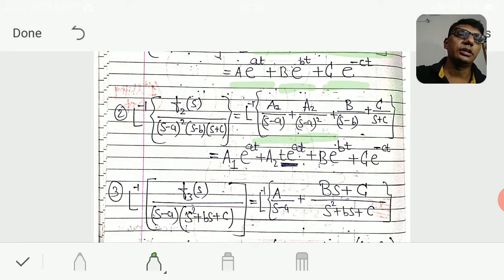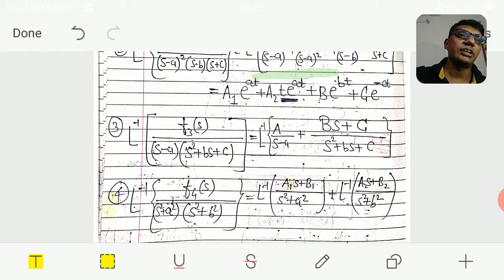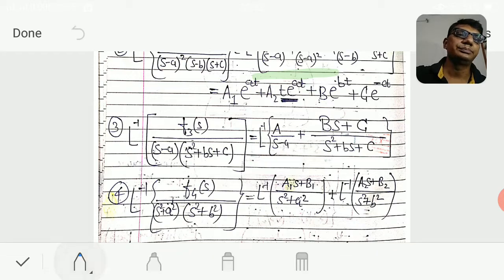Now in the third case, one factor is a linear factor and the second factor is a quadratic factor. Here we have s minus a, and s square plus bs plus c, that is a quadratic factor. So separate the factors.